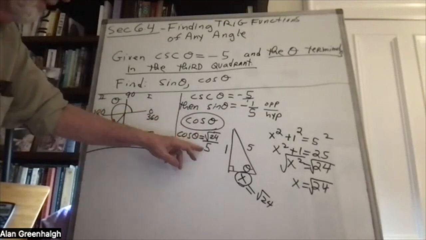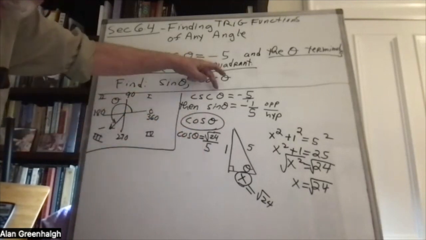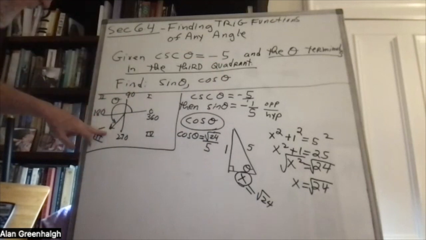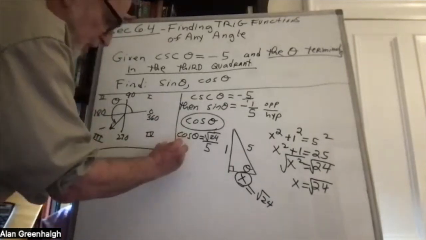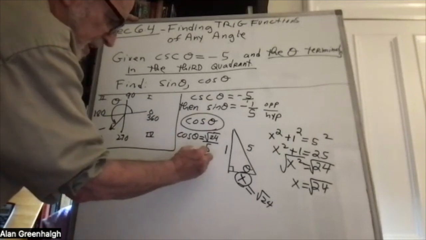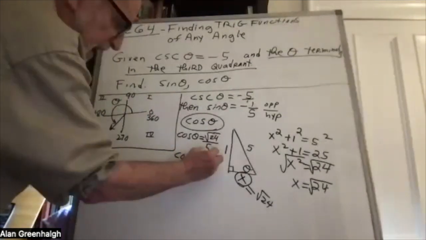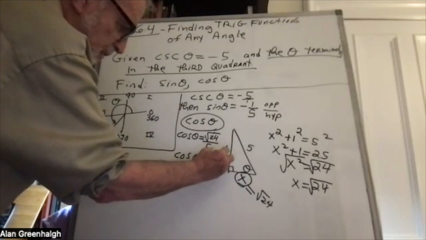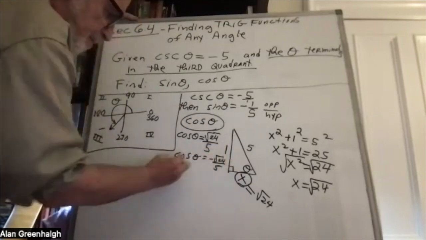Now, remember that theta terminates in the third quadrant, and cosine is negative in that quadrant. So the answer to this question, what is the cosine of theta? It's negative the square root of 24 over 5.